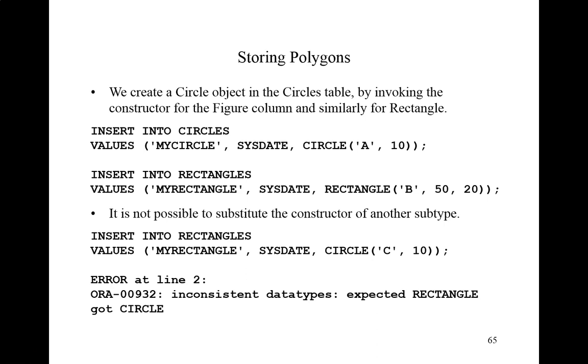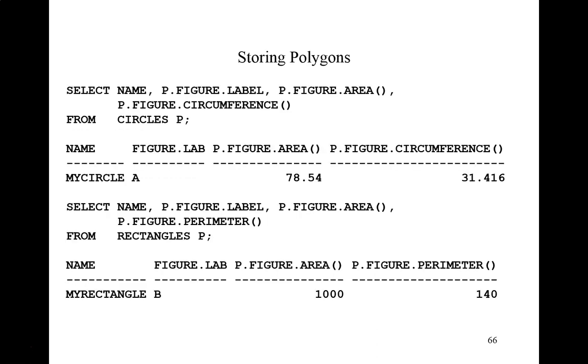Circles can only hold circle objects, rectangles can only hold rectangle objects, because these were both declared with the respective subtypes. So an attempt to insert a circle object into the third column of rectangles results in an error of inconsistent data types.